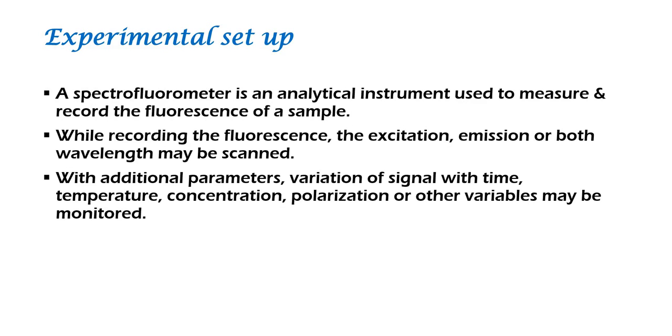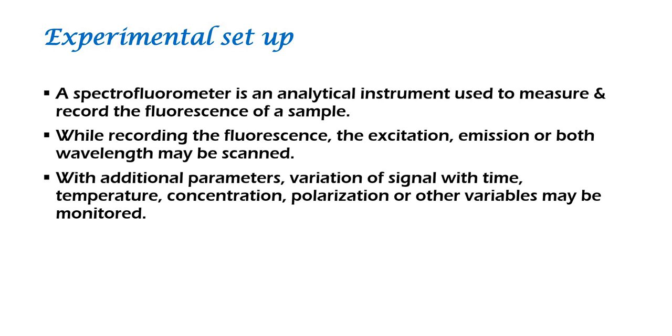Next is the experimental setup. A spectrofluorometer is an analytical instrument used to measure and record the fluorescence of a sample. While recording the fluorescence, the excitation, emission or both wavelengths may be scanned with additional parameters.